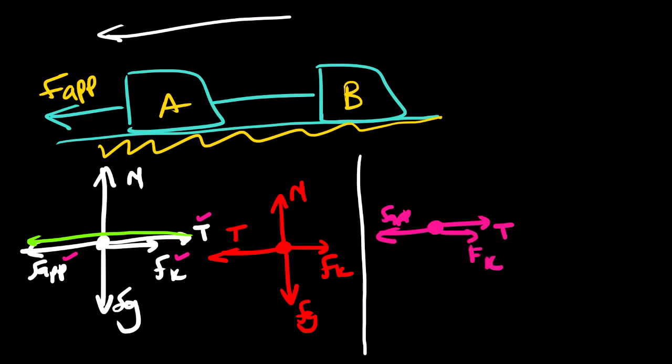So when we generate an equation for object A, we are going to have these forces. Now looking at the free body diagram of the forces doing work on object B, we are going to have 1, 2, since they are parallel to the displacement. So we have tension and kinetic friction. So from here, it's very simple for us to generate equations for these two objects.